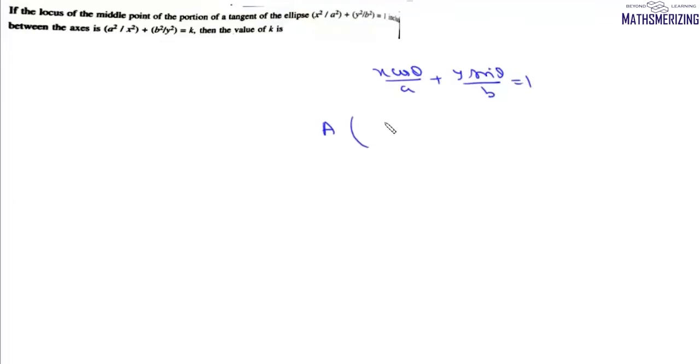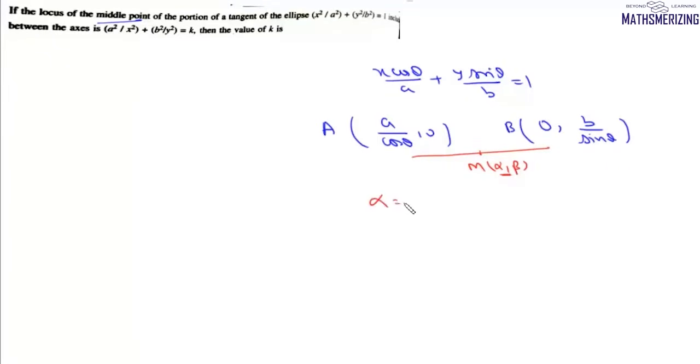Its intercepts will be (a upon cos theta, 0) and (0, b upon sin theta). Now we need to find the locus of the middle point of this intercept. Now let this midpoint be M, say alpha and beta. So alpha is (x1 plus x2) upon 2, so it will be a upon 2 cos theta, and in the same way we can write beta, and it will be b upon 2 sin theta.